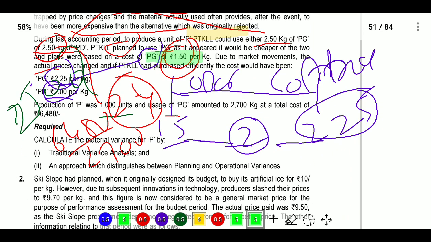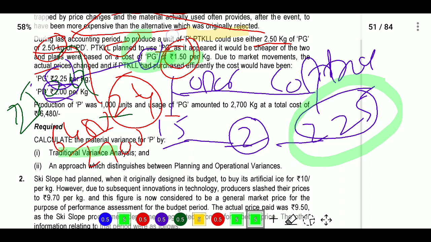Here they asked for the traditional variance first. Next, an approach which distinguishes between planning and operational variance. Operational variance means here we have 2500 kgs minus 2700 kgs into which price are we taking? This is the revised actual price.